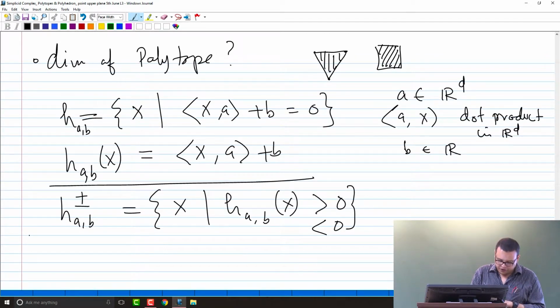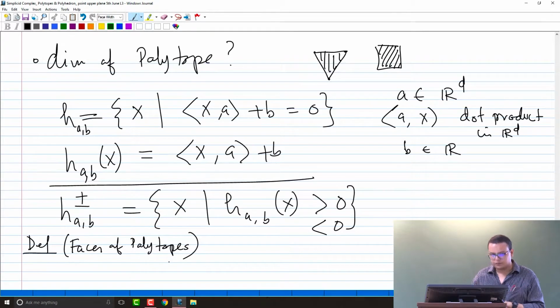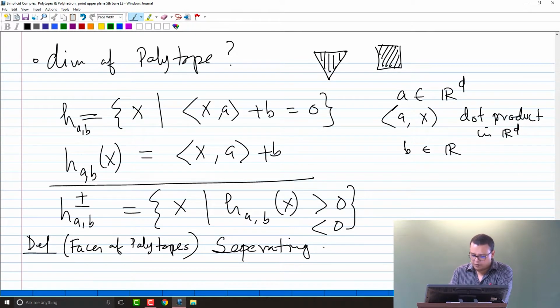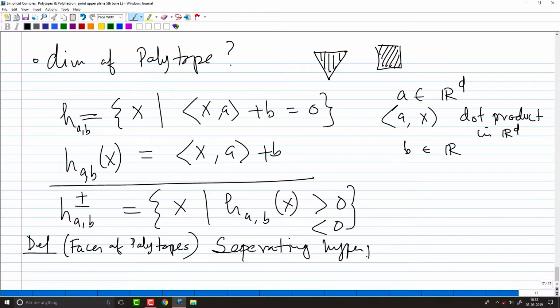So, let us now define faces of a polytope. Even before I define that, you need something called a supporting hyperplane of a convex body.